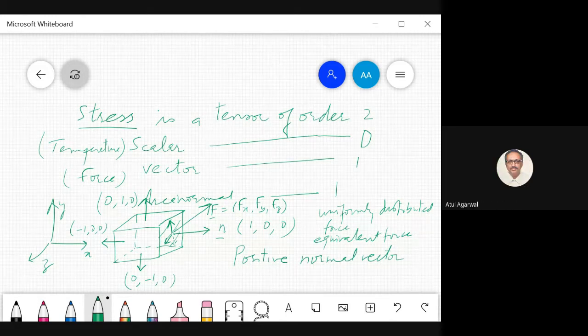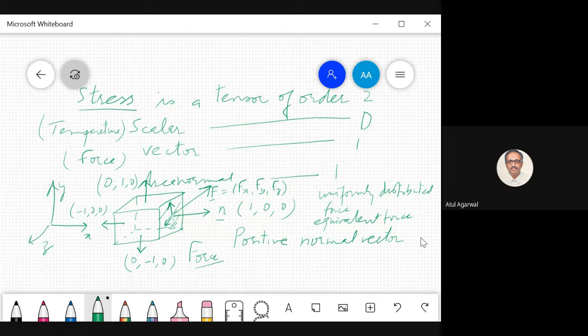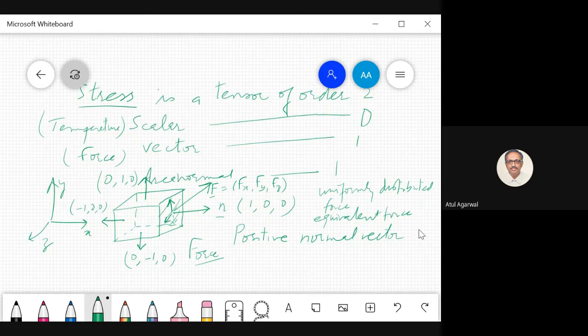Now we want to find force upon area. We know the area of this face.